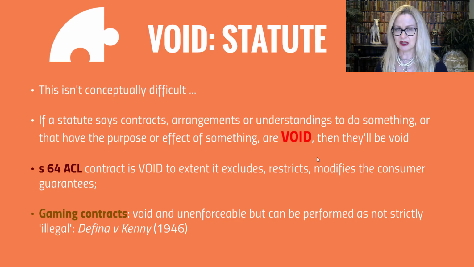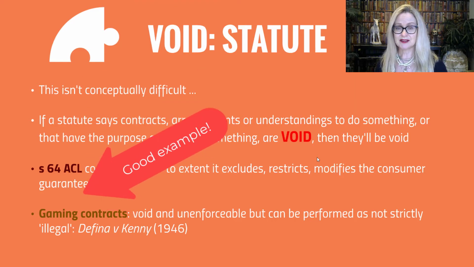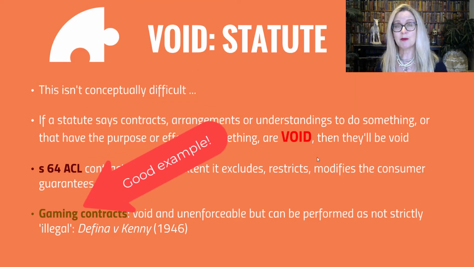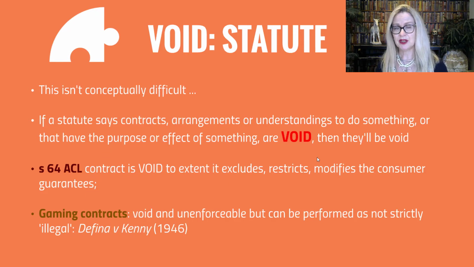Good example there of a contract being void via statute. Another example, gaming contracts. They're going to be void and unenforceable, but they can be performed if the parties wish to do so, because they're not strictly illegal.